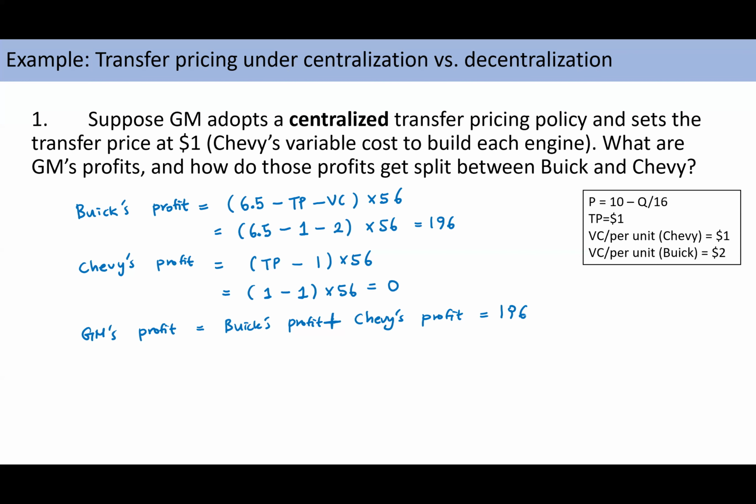Now let's look at a situation where Chevy determines what the transfer price is. This requires a few steps, because Chevy will want to set a transfer price that will maximize their profit. And given that transfer price, Buick would want to buy the number of engines that would maximize their own profit.